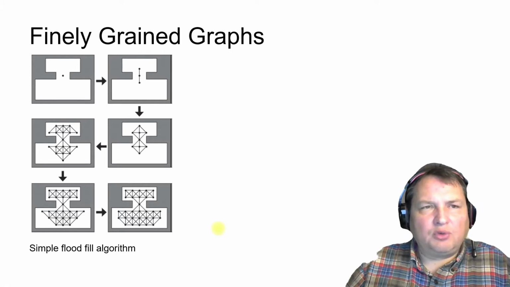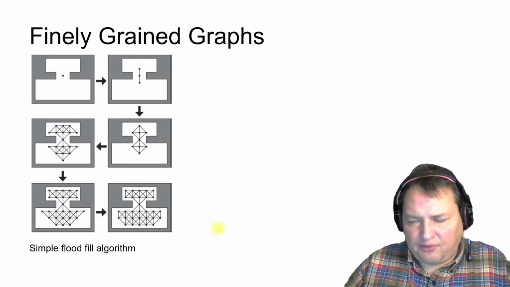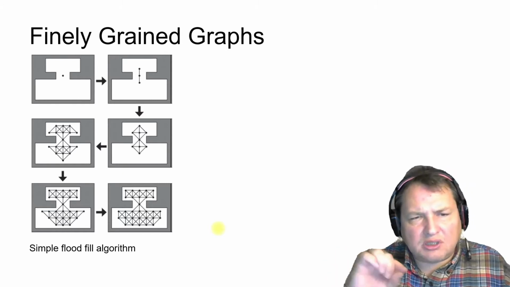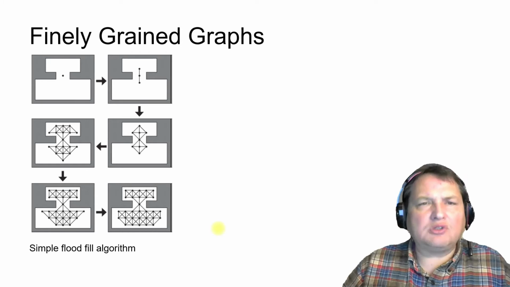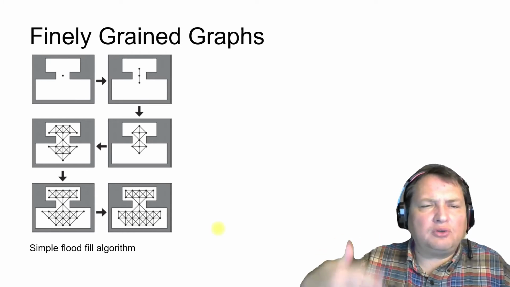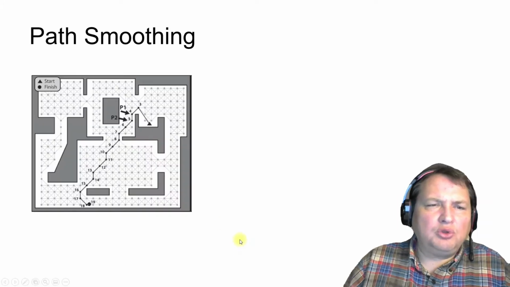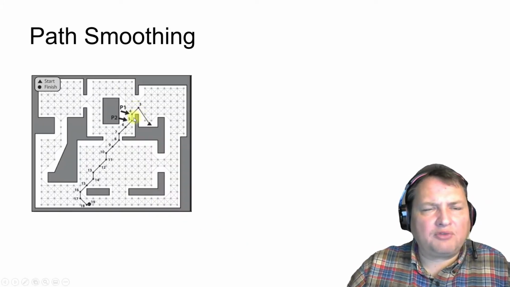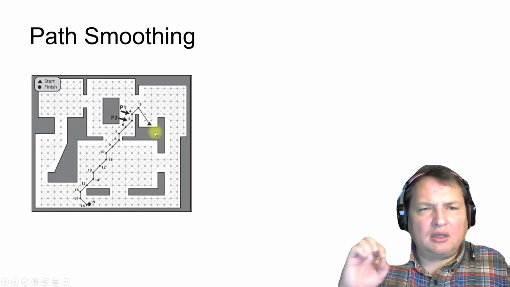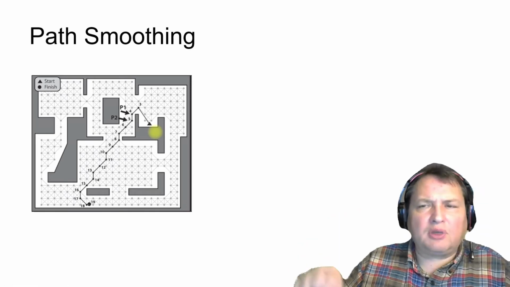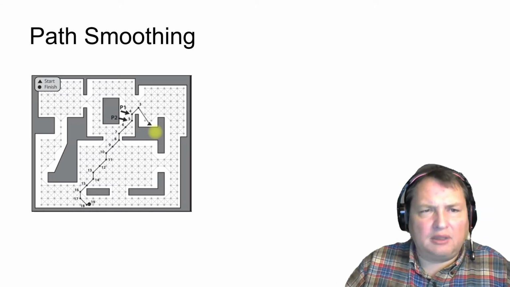But still, even with this finely grained graph, the path created will not be exactly optimal, because the character will still have to move from one node to another, and eventually you can get, for example, a path like this, with some completely unnecessary turns on the way. And this is when the path smoothing algorithm comes very handy.